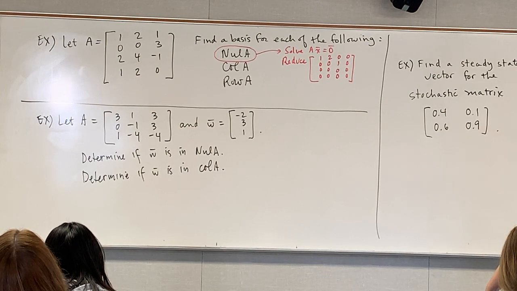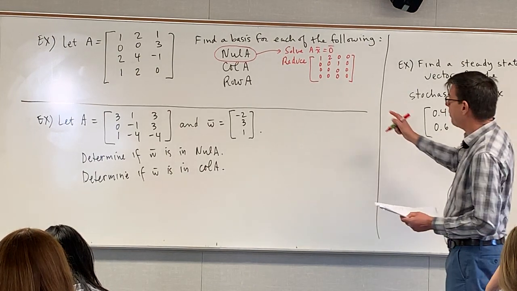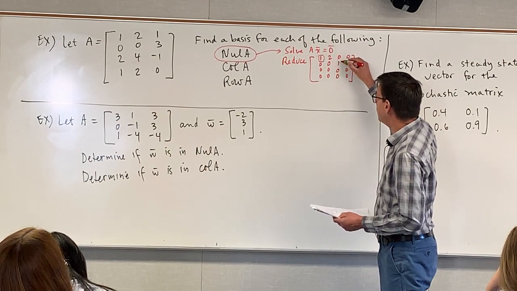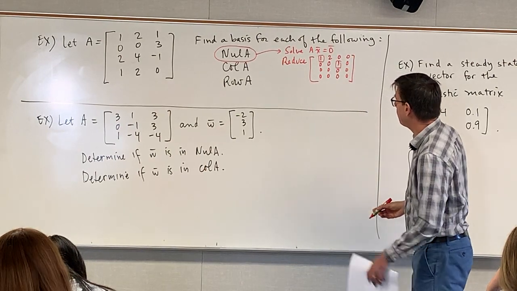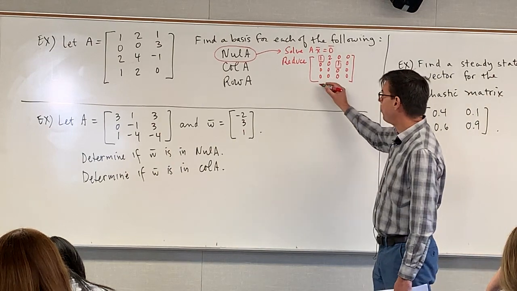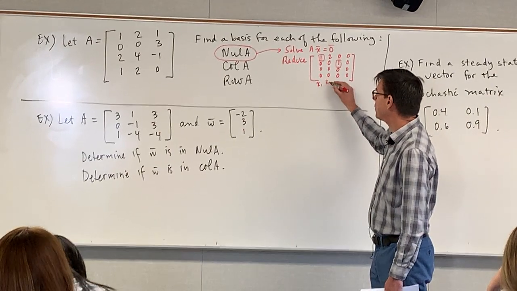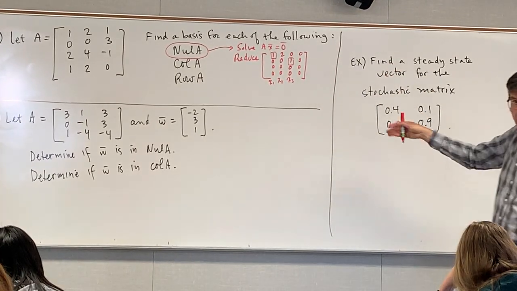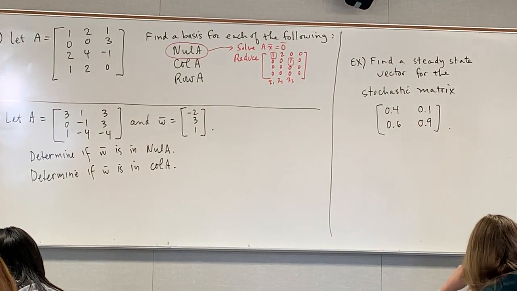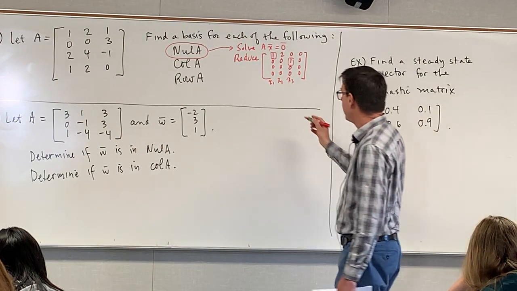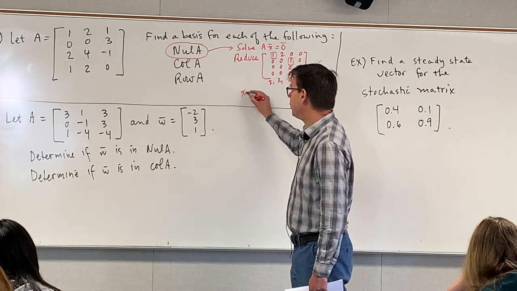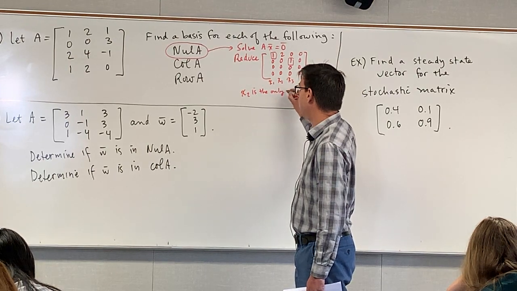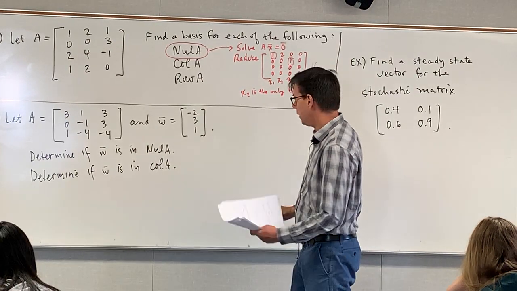So this is the augmented matrix reduced. And we can see a pivot position here and here. There are just three variables, x1, x2, x3, and that 0 augmented column on the right. So x2 is the only free variable, I would see, right?